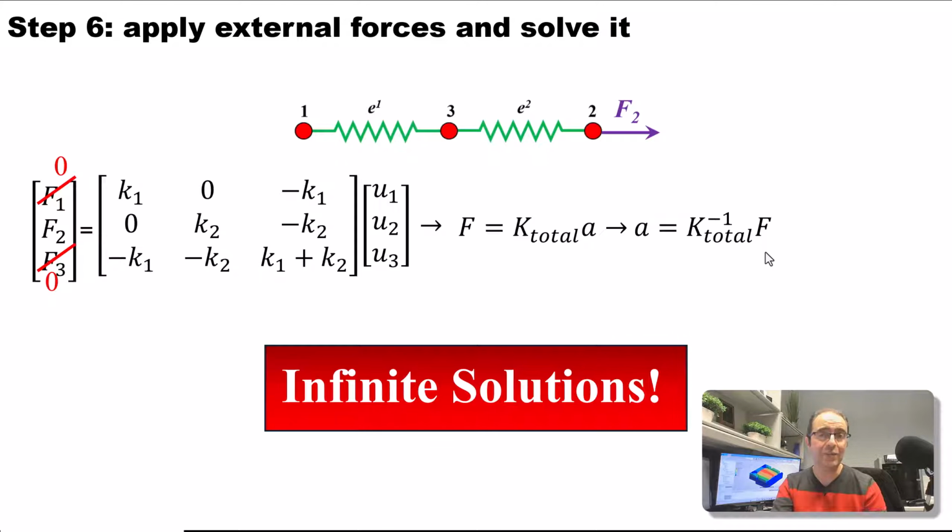In finite element, we want to have just one solution. We cannot report an infinite number of solutions. We are not doing a dynamic analysis. This is not a rigid body motion. This is a displacement, a deformation. In deformation, you need to have a constraint. So this is not possible to solve.